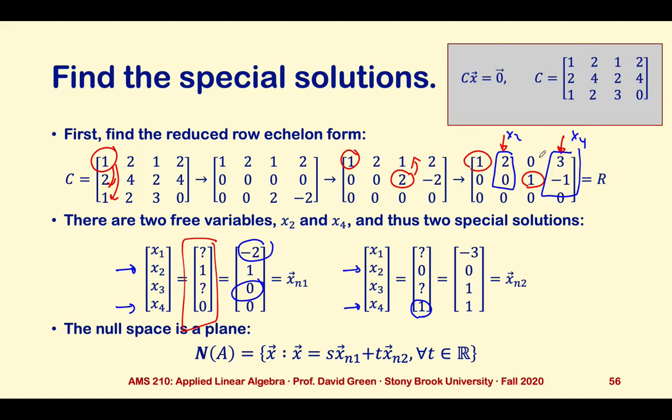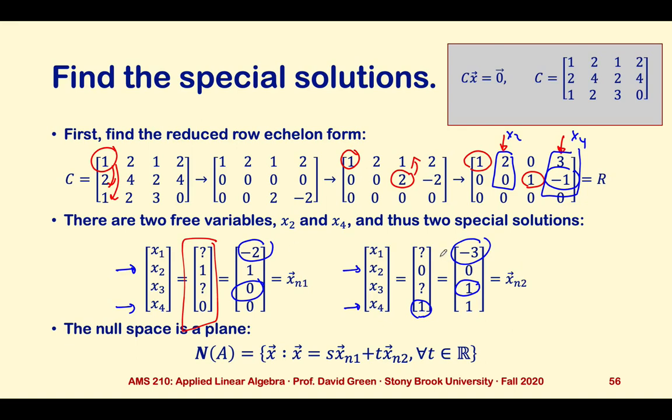The x1 row has a 3, so we negate that and put a -3. The x3 position has a -1, so we negate that and make that a +1. -3, 0, 1, 1 is our second special solution.